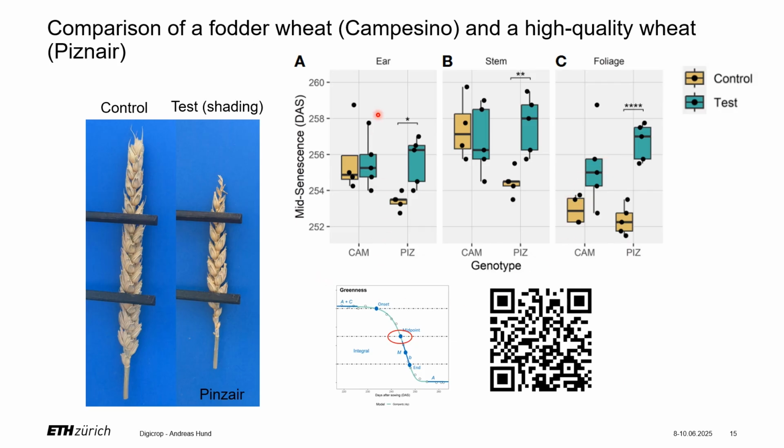And if you look at the high quality wheat, you can clearly see that all the different organs showed a delay in senescence. So again, it matters which organ you follow in the canopy, and maybe it also matters how you then interpret the data. And we are just starting to learn how to use it.